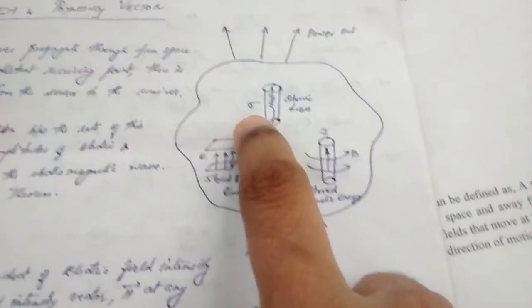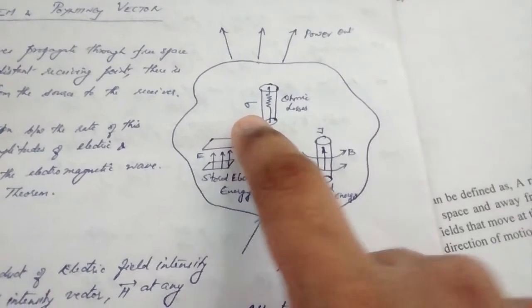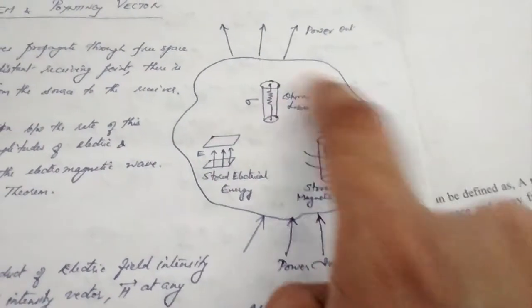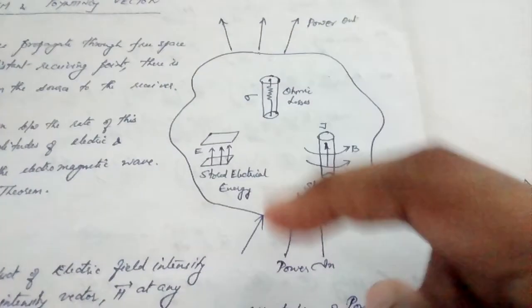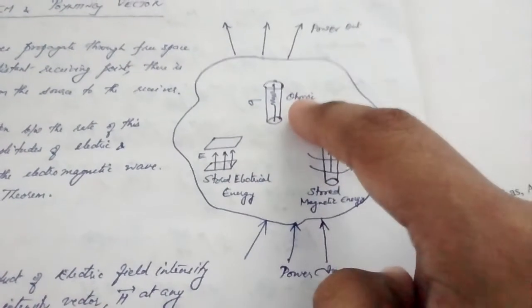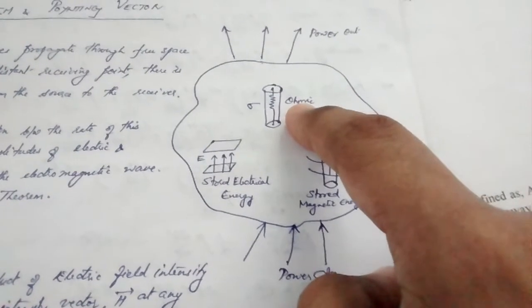Sigma represents the conductivity of the system, and the net power flowing out of the system will be the input power minus the ohmic losses.